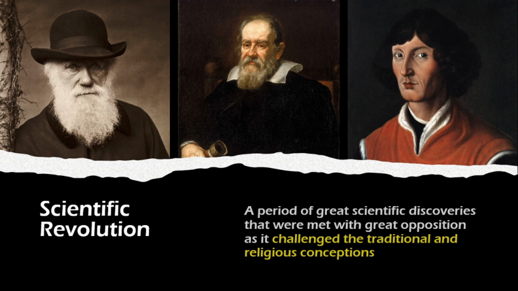Much like the EDSA People Power Revolution, where Filipinos called for a change of government, during this time period we see people like Nicholas Copernicus, Galileo Galilei, and Charles Darwin finding their voice to speak up their own truth about their observations and experiments despite the negative impressions of many people, particularly those who follow traditions, people in authority, and the church.